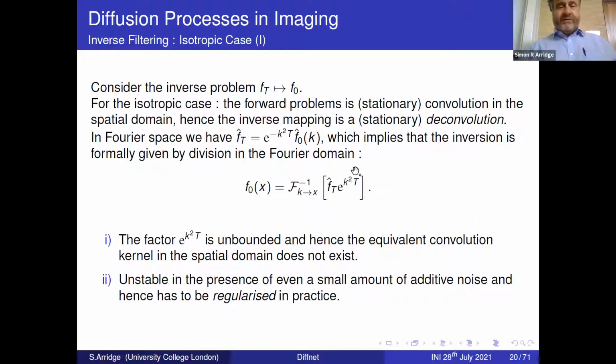So the inverse could formally be done by division. We just multiply by this exponentially growing function. But of course, this is unbounded, and so there's no spatial convolution filter which corresponds to this unbounded operator. And of course, it's also unstable even in the presence of a small amount of additive noise. And so we have to regularize.